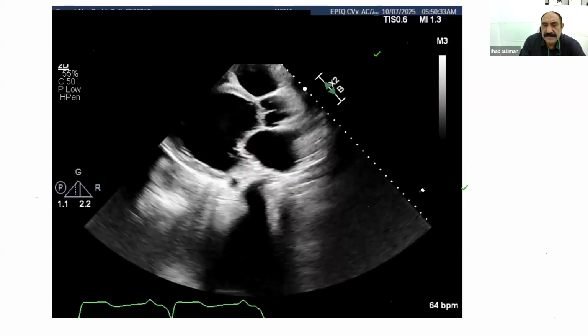And in the long axis parasternal view, you can see that the left ventricle is severely dilated and it has been stretched out.